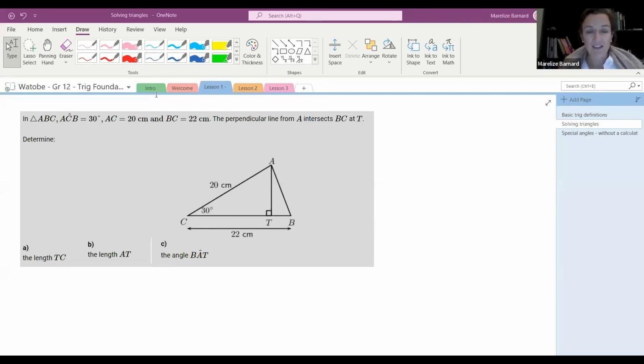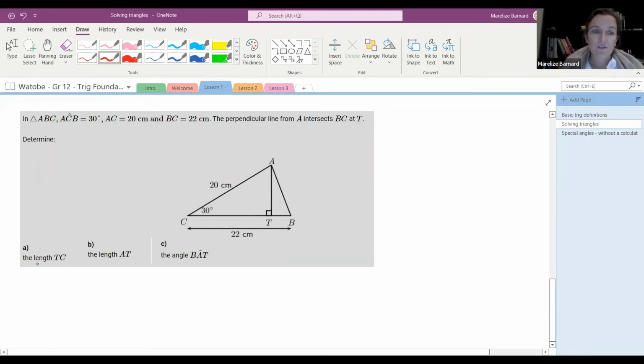It's got one angle that's given, that's 30 degrees. BC is 22. We have to find for question A what TC is. And then we have to find the length of AT. And then lastly, the angle BAT.